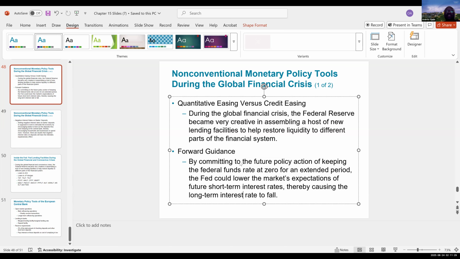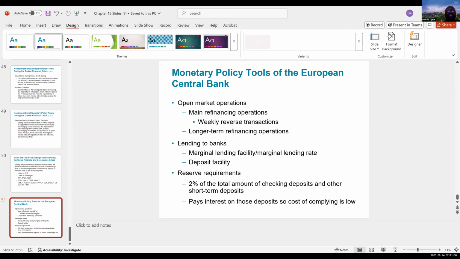So there are several policies, but if you want to study more of them, just go through the slides. I'm not going to go through each of them one at a time. What about the monetary policy tools of the European Central Bank? They also do open market operations: the main refinancing operations, weekly reverse transactions, and longer term refinancing operations. The European Central Bank also lends money to banks, charging a marginal lending interest rate, and has a deposit facility.